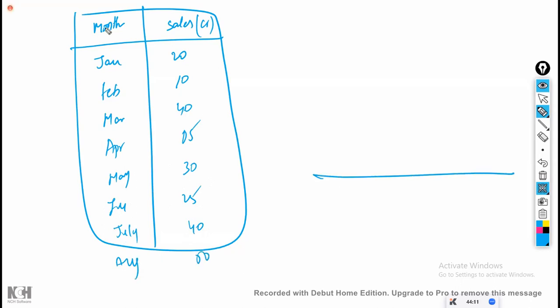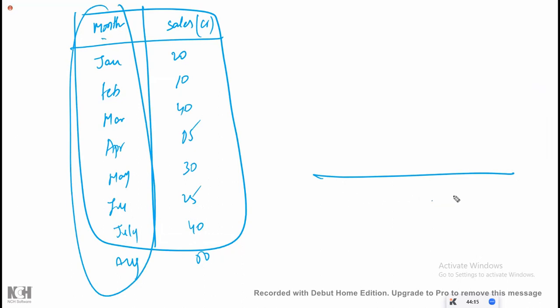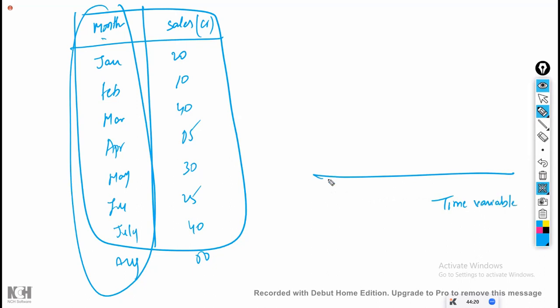Now, whatever the time variable is, it should be on the x-axis. That is Jan, Feb, March, April. If it is dates, then dates. For example, instead of January, 01/04/2023, 02/04/2023, that is April 1st, April 2nd, April 3rd, up to 8th.